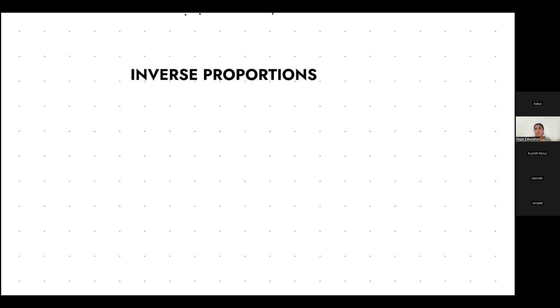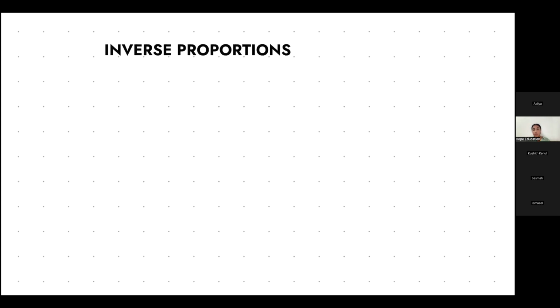Before inverse proportions, actually, we already know something called direct proportions. What that means is, let's say for an example, to make a cake.